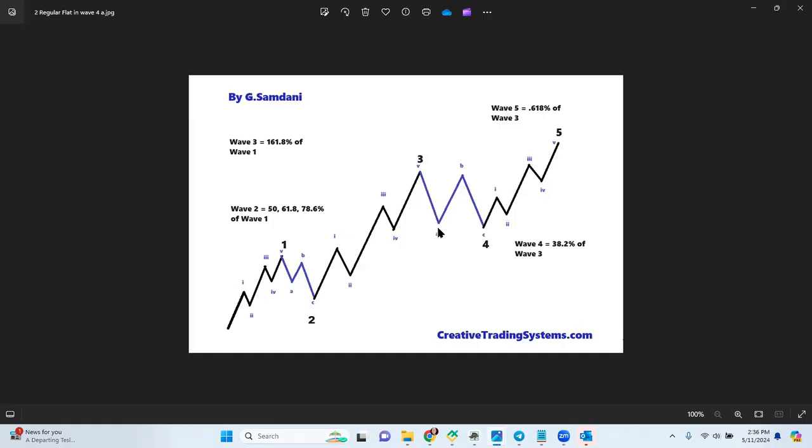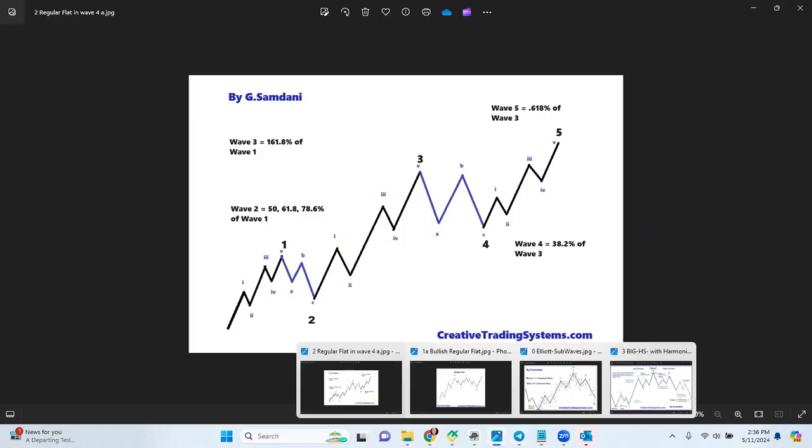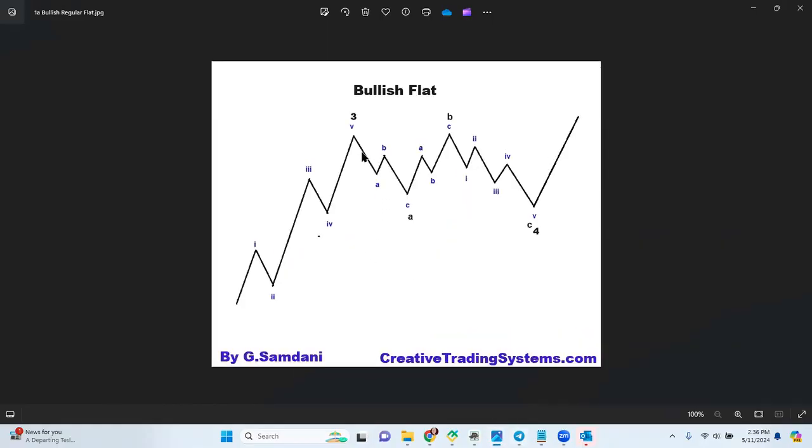So in the previous video, we talked about a flat correction, and another version of this one is like this one, right? So it's A, B, and C with subwaves 1, 2, 3. I mean, A, B, C, 3 waves, and then wave C has 5 waves, right?